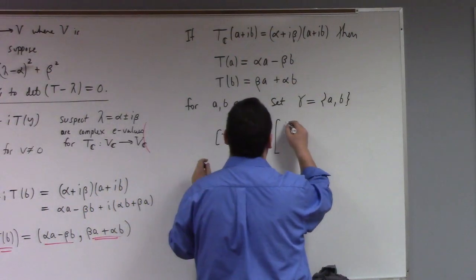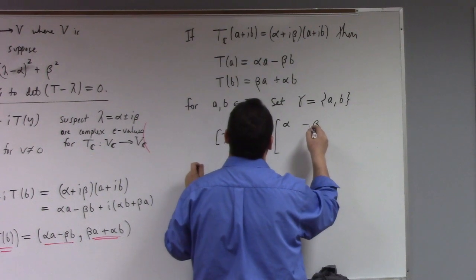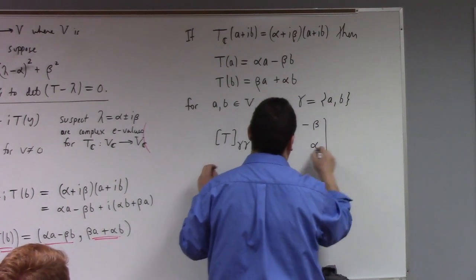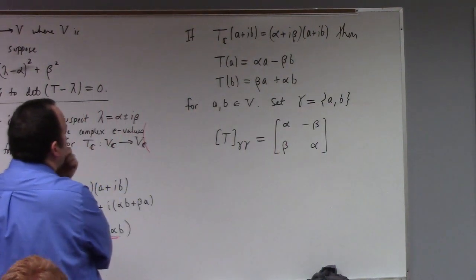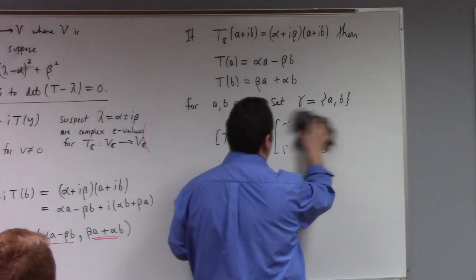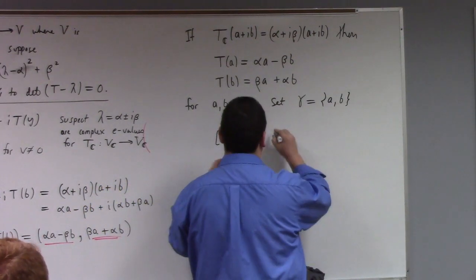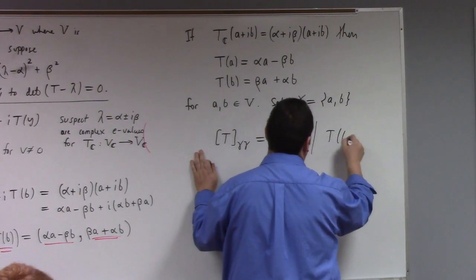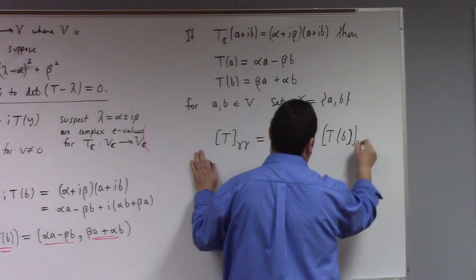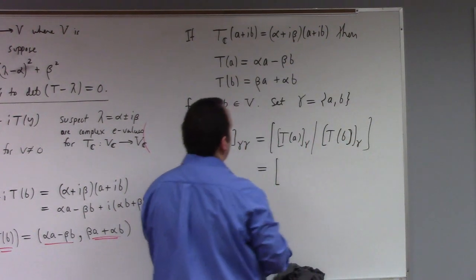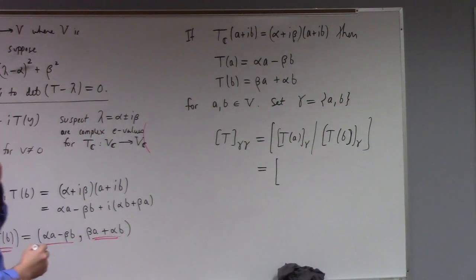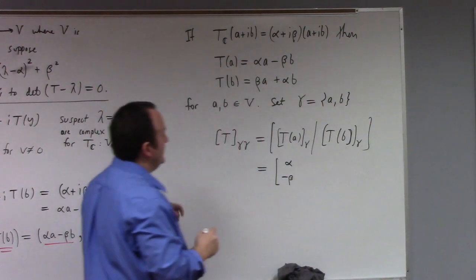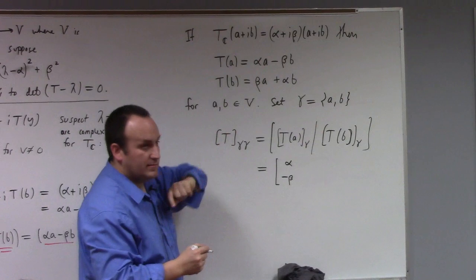It's alpha minus beta, beta alpha, I think. Let me double check on that. Let me not skip steps. It's probably healthy for you to see this. This should be the gamma coordinates of T of A, then the gamma coordinates of T of B. That's how we calculate the abstract matrix. What's the coordinate of T of A with respect to the gamma basis? Alpha minus beta. What's the coordinate of T of B? It is beta comma alpha.